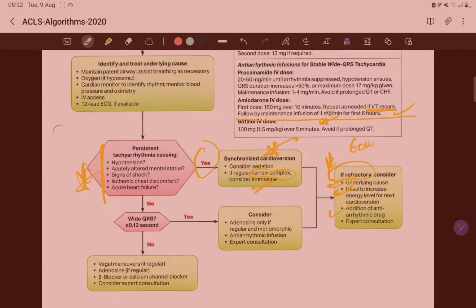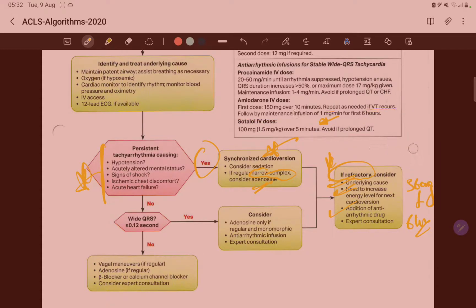So 60 milligram in 1 hour. So into 6, it will be 360 milligram in the first 6 hours.